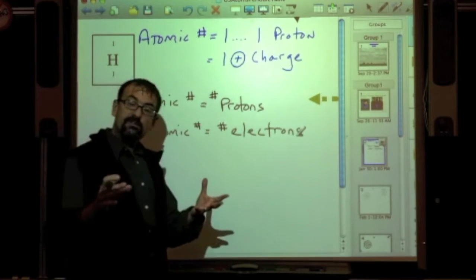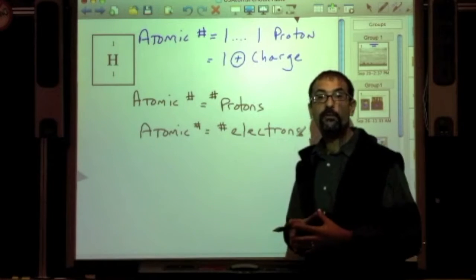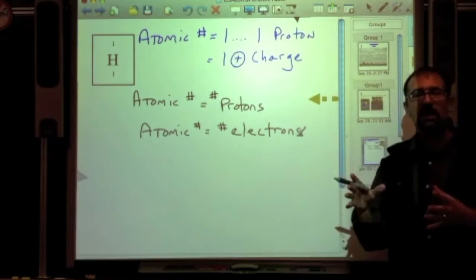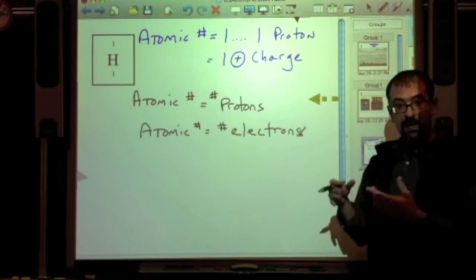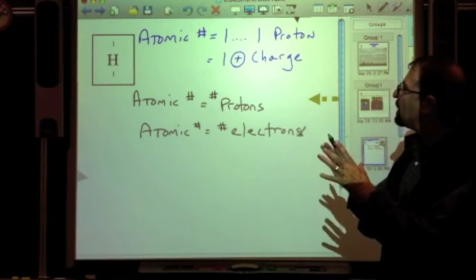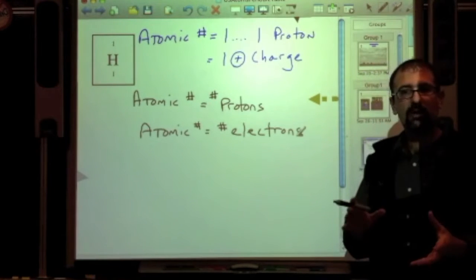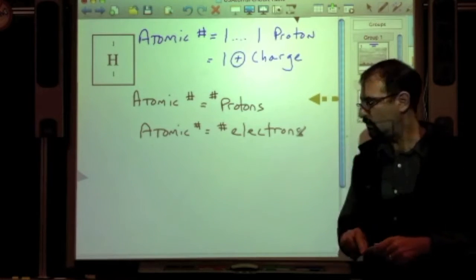So what we want to focus on now is where we can find the protons and electrons on an atom. And that's what I'm going to do next: we're going to look at an atomic diagram. I'm going to show you where the protons are and then I'm going to show you where the electrons go.